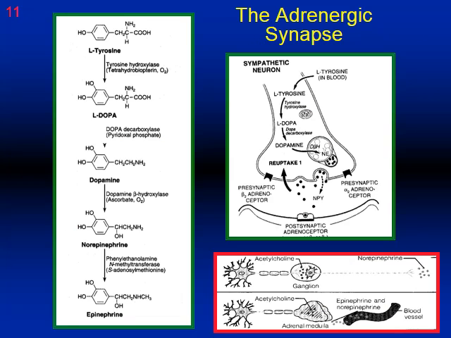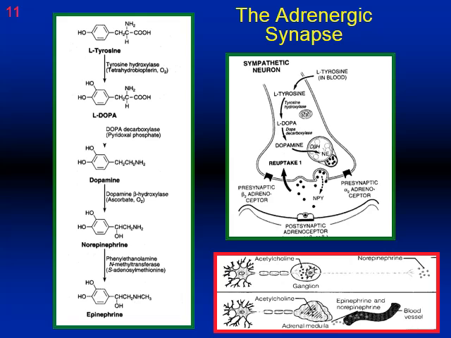Now, we spent a lot of time earlier today on the board talking about the cholinergic synapse. This slide is talking now about the adrenergic synapse. And so one of the things I'd like us to first talk about is just this upper right panel.